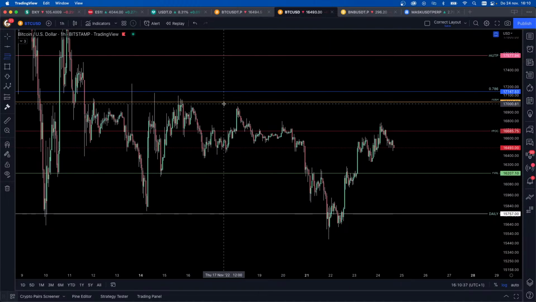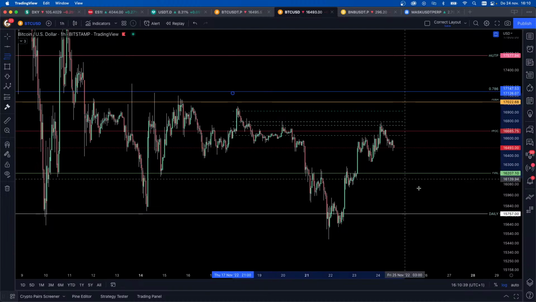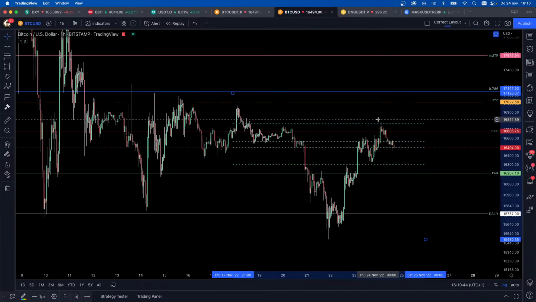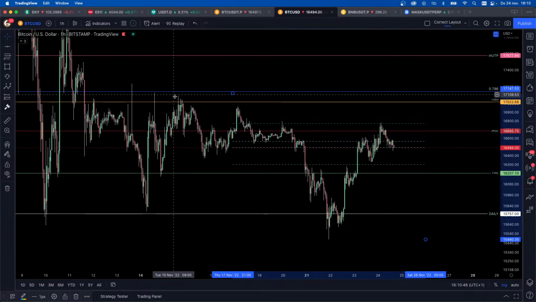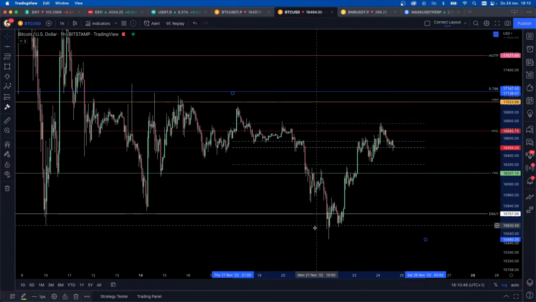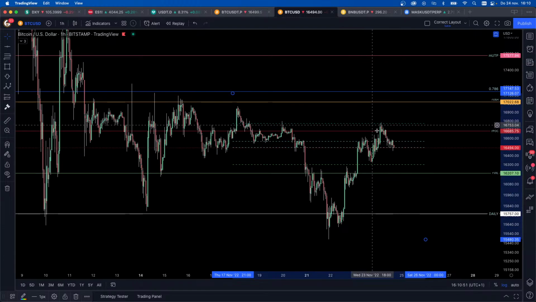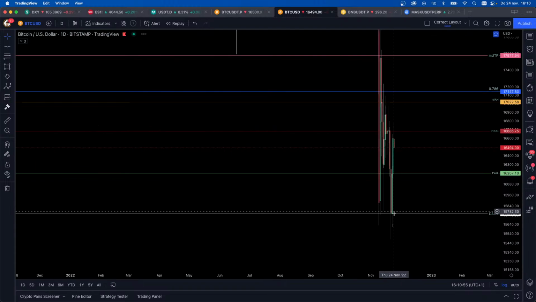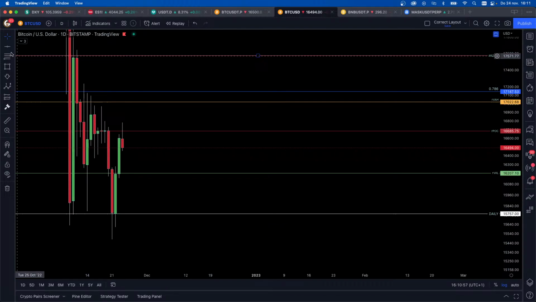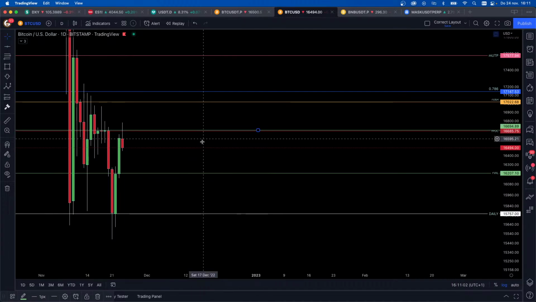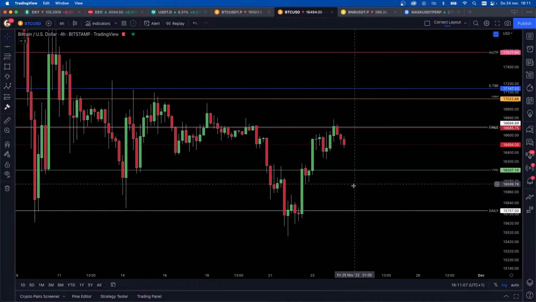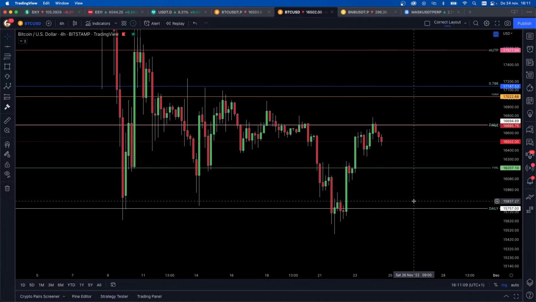We could see that we are currently at the 0.786 FIB based off your swing high towards your swing low. So that was acting as a resistance as well. And I think there was a daily level as well. Yeah. So you can see over here, this was a previous daily level. And we also have a naked point of control. So I will explain what a naked point of control is here.